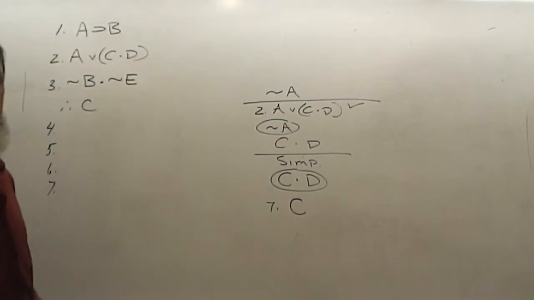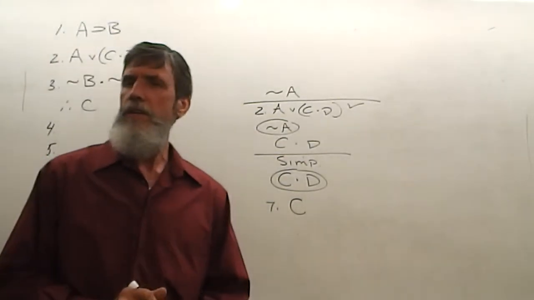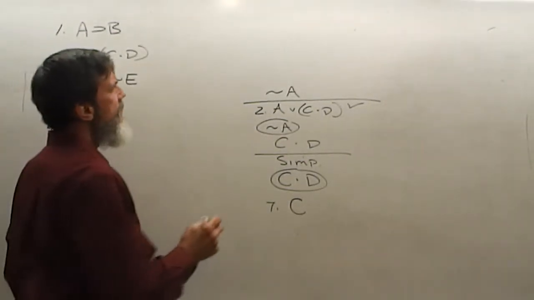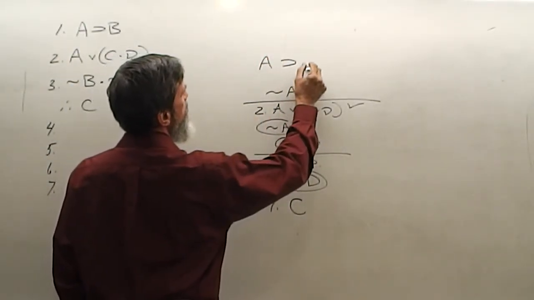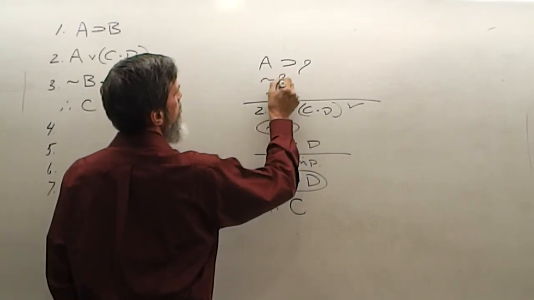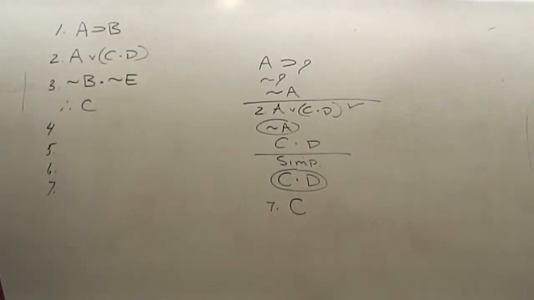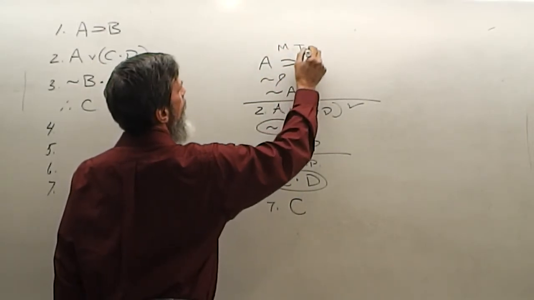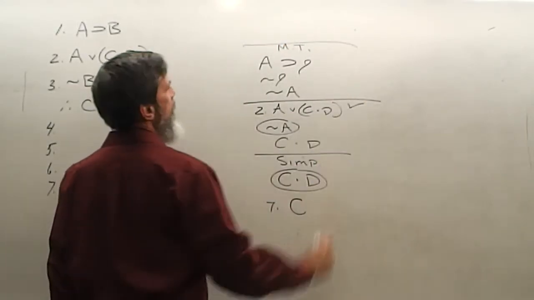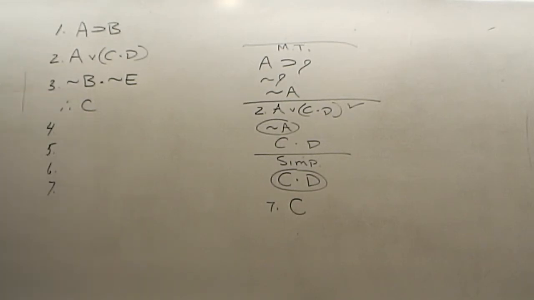How do we say we're getting curl A? The only way you can create a curl? What do we say? So we need a horseshoe whose antecedent is A, and whose second premise is the negation of that consequent. Do we have a horseshoe whose antecedent is A?